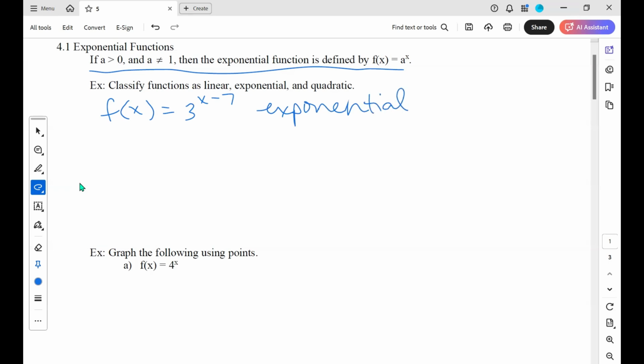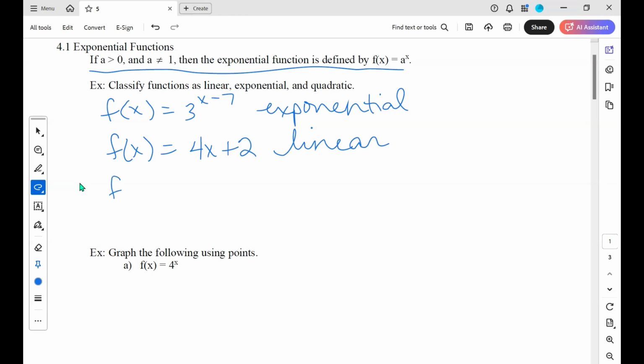If you have f of x equals 4x plus 2, this is in the y equals mx plus b format. You should recognize that one, which again gives you a line. And so that means that it's a linear function. So we have a linear function when our exponent is 1 on the x. We have an exponential function if the x is in the exponent.